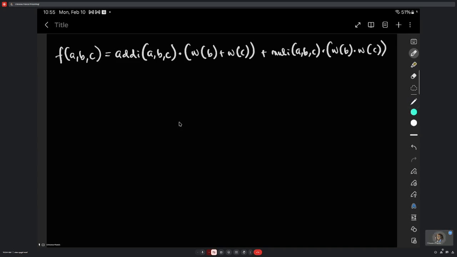So the verifier sends randomness for a, and when we evaluate the polynomial at that randomness, we get f of bc, right? So we're meant to now perform sum check over f of bc.